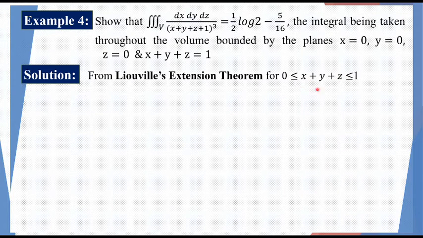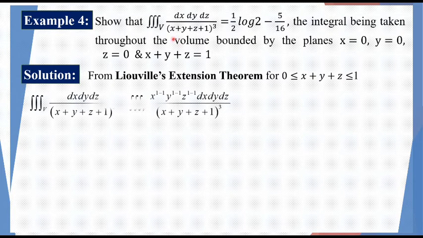So we can replace this x plus y plus z by u. So rewriting this first in terms of Liouville's extension, we have to introduce x raised to power 1 minus 1, y raised to power 1 minus 1, z raised to power 1 minus 1 here, because it requires x raised to power l minus 1, y raised to power m minus 1, z raised to power n minus 1.